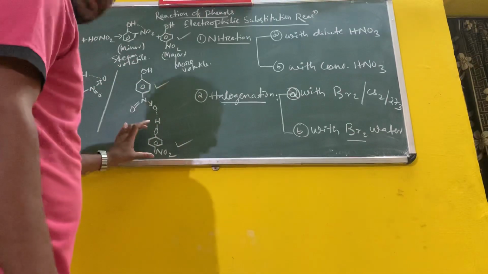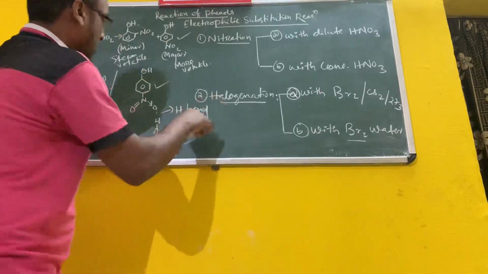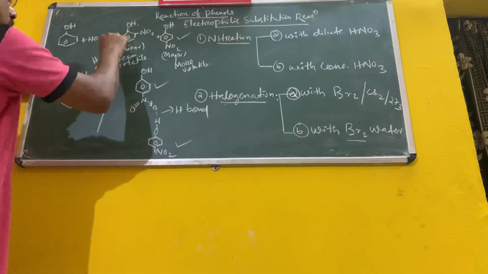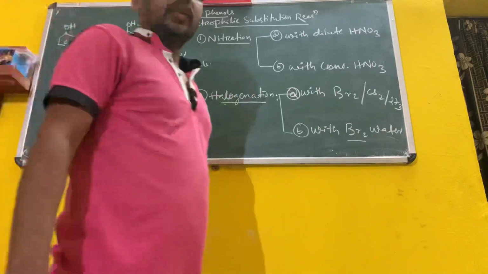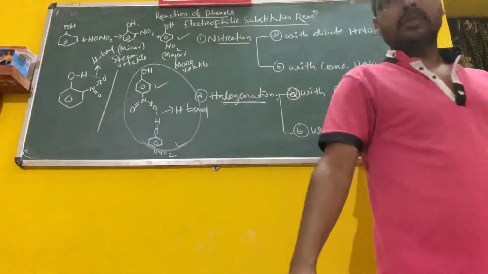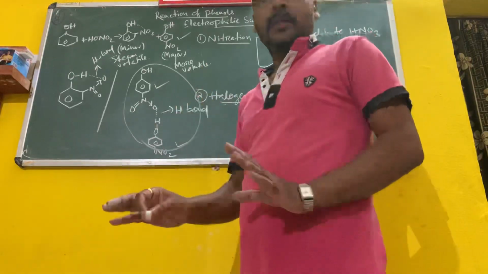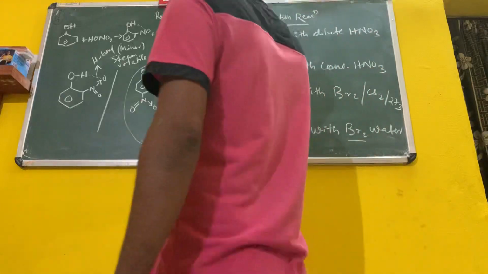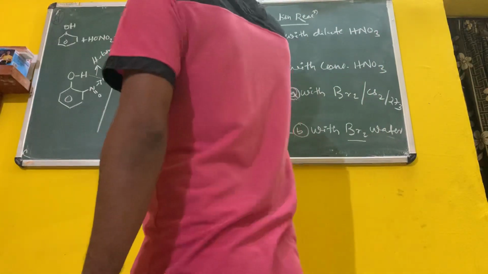Between the separate molecules there is a hydrogen bond, an H bond. Here due to the presence of intermolecular hydrogen bonding, the attraction force is more, so you have to give more heat energy. So this one is steam volatile, and this one is less volatile.